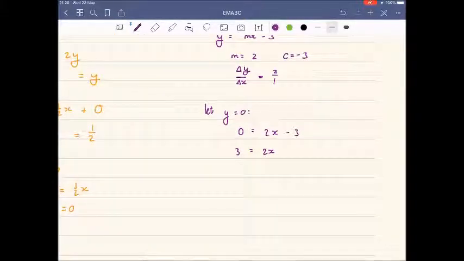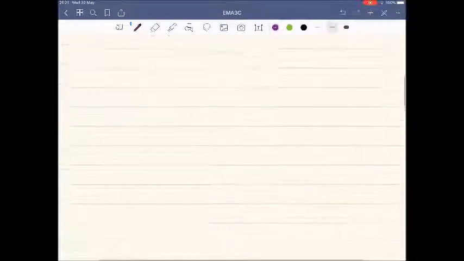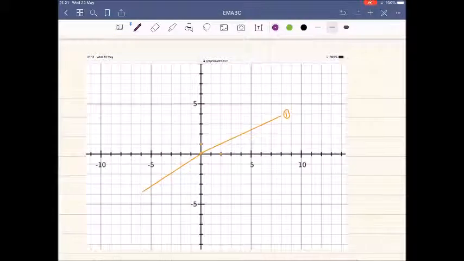Then let's divide both sides by 2, and we get 3 over 2, which is equal to 1,5, is equal to x. So we know that when y is equal to 0, x is equal to 1,5. So let's go to our equation. If y is equal to 0, x is equal to 1,5.